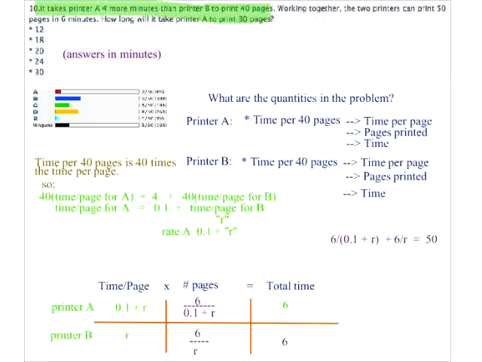What you can do is multiply both sides by the product of those two things. This is not an official problem, by the way, but there's still a very nice way to solve this, which we'll look at in a second. If you do that, you get 6r plus 6 times (0.1 plus r) is 50r times (0.1 plus r).